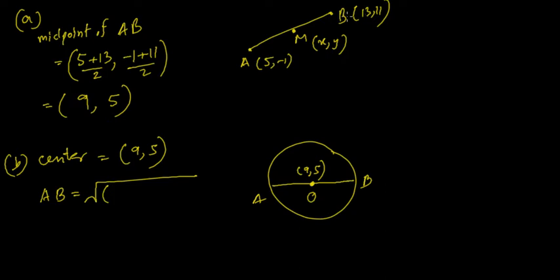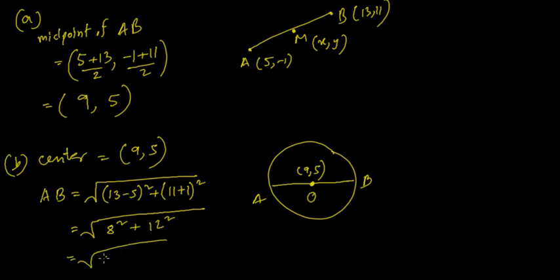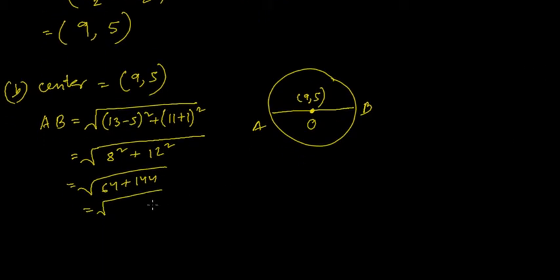is square root of x2 minus x1, 13 minus 5 whole squared, plus y2 minus y1, 11 plus 1 whole squared. Using the length of the line formula, 13 minus 5 is 8 squared, 11 plus 1 is 12 squared, so 8 squared is 64, 12 squared is 144, and it would be square root of 208.